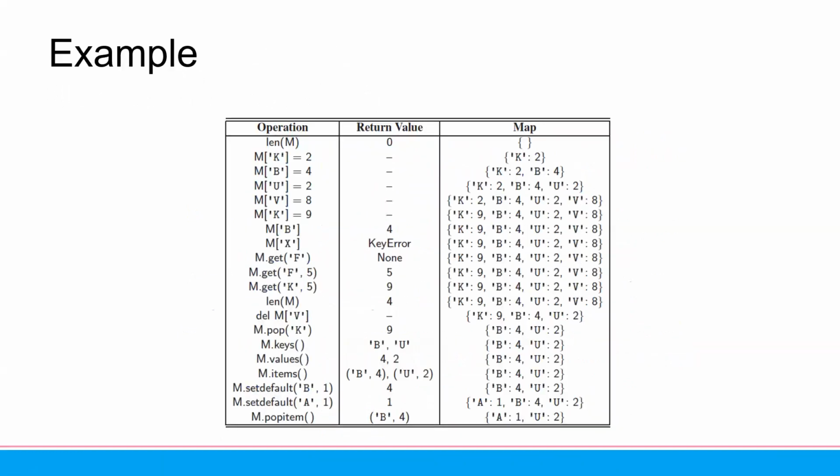Okay. Now let's see this example. If you have a map or dictionary, sometimes we call it dictionary in Python, but many times we call it map, like in other programming languages, let's say Java.